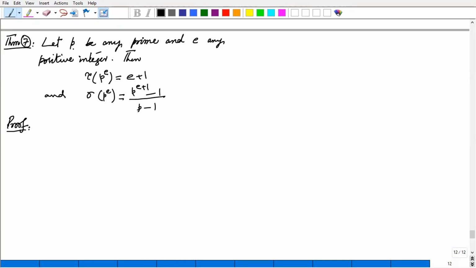So it's already given here. P is a prime number and e any positive integer.